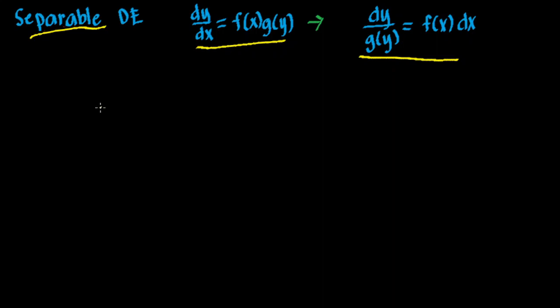Now, let's try to solve a problem here. We have dx plus e to the 8x dy is equal to 0. Now, the main idea of separation of variables is that we'll have to separate the variables y and x.